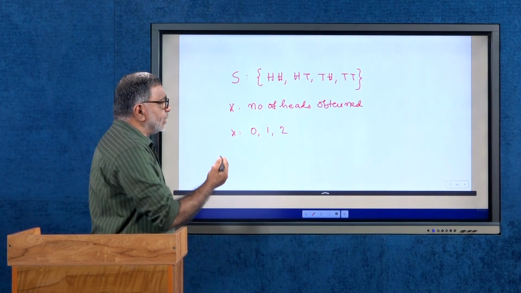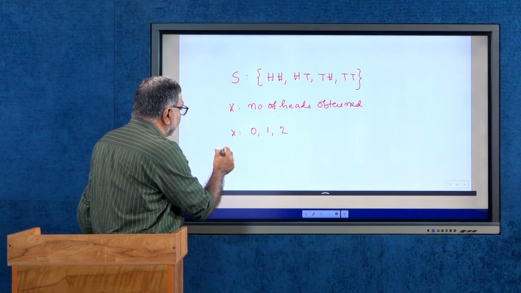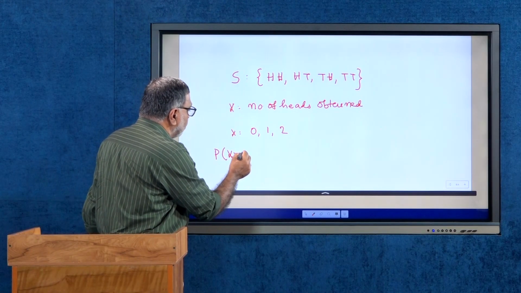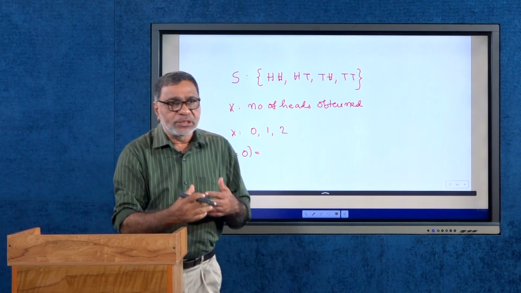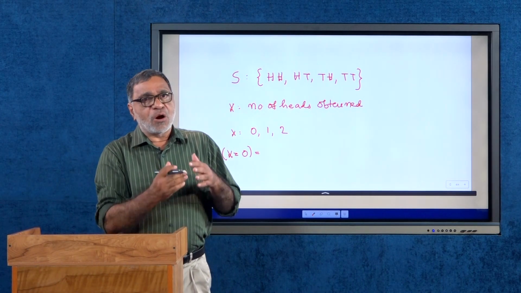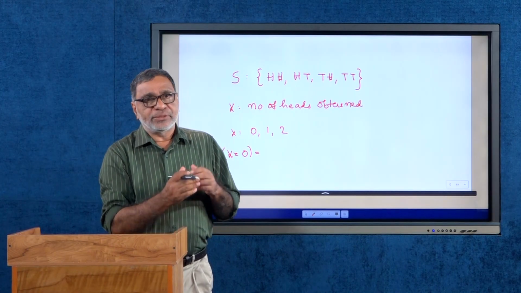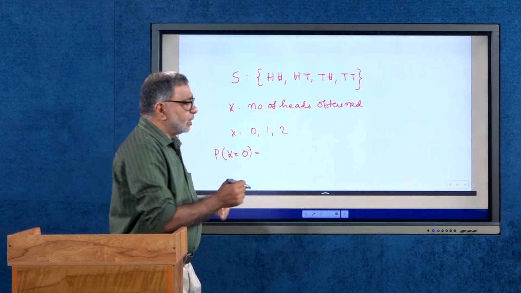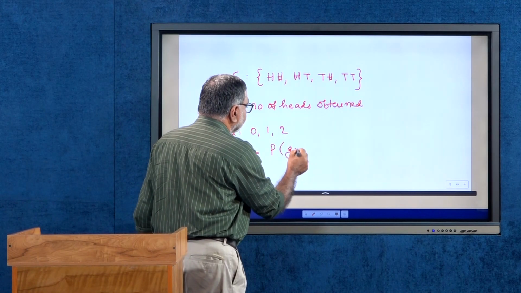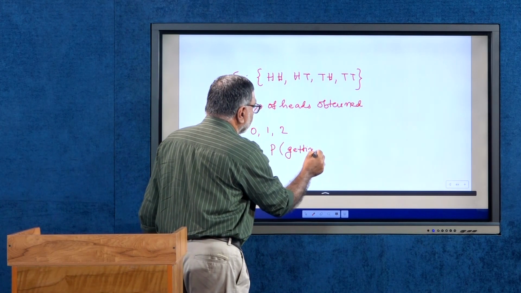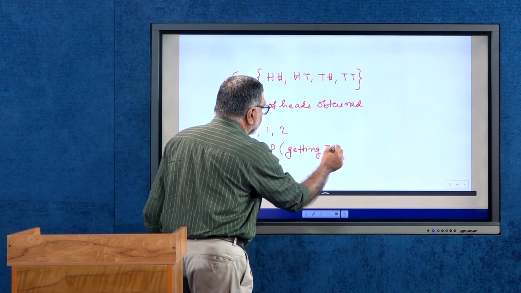And let me consider the probability of x is equal to 0. What is the meaning of probability of x is equal to 0? X is equal to 0 is possible when the outcome is 2 tails, that is no heads. So, that means probability of getting the outcome TT.